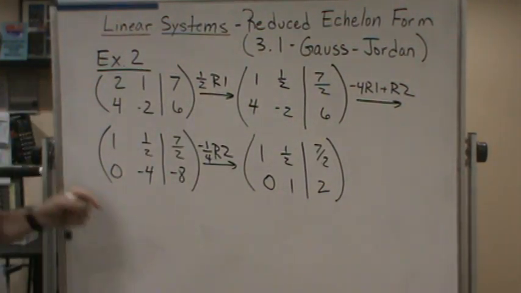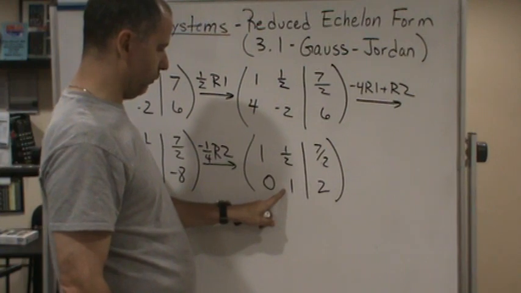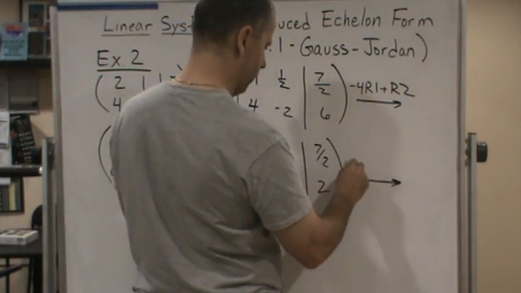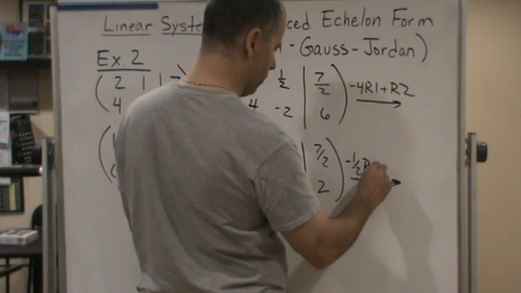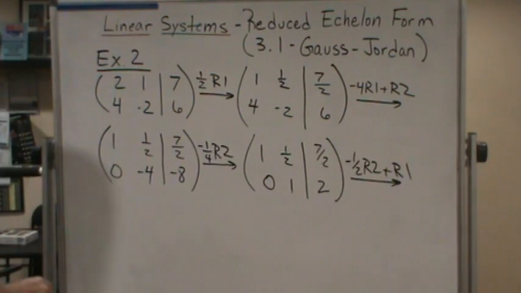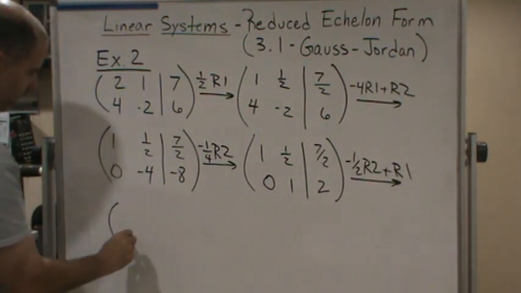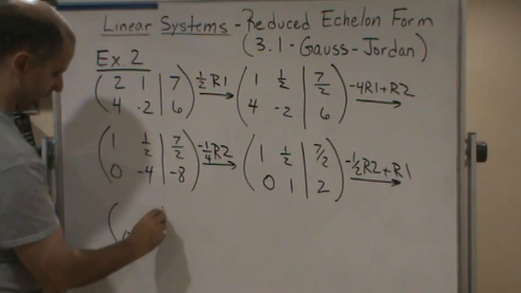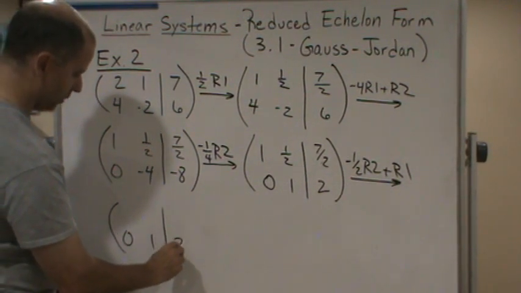And so now what I'm going to do is multiply this by -1/2 and add it to row 1. So -1/2 row 2 plus row 1. And what is that going to give me? Well, the bottom row is going to stay the same. That's not going to change.